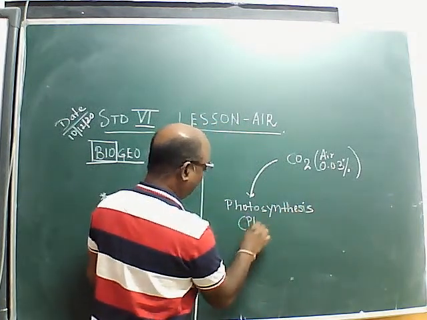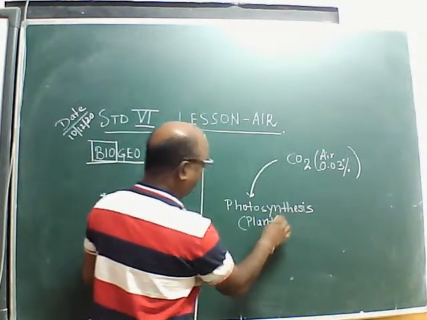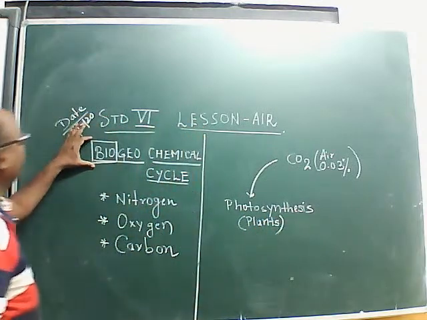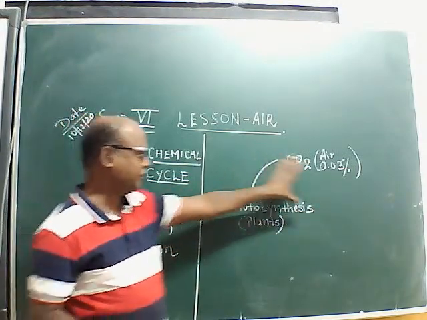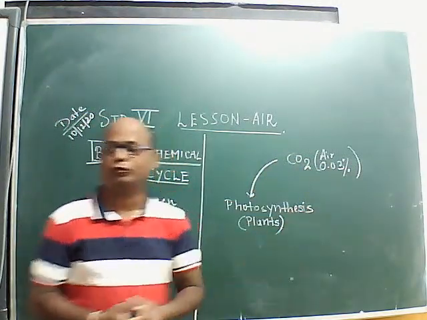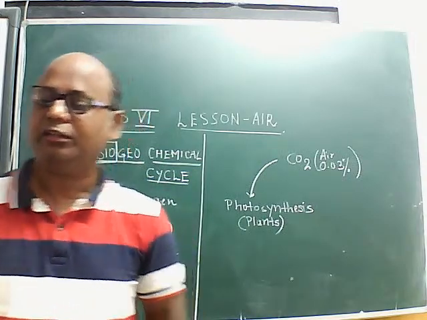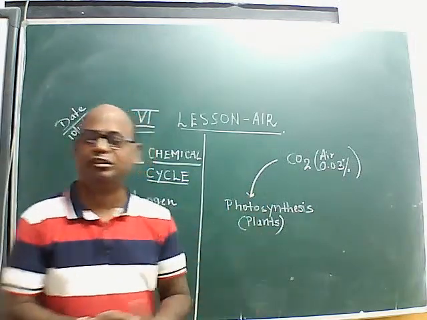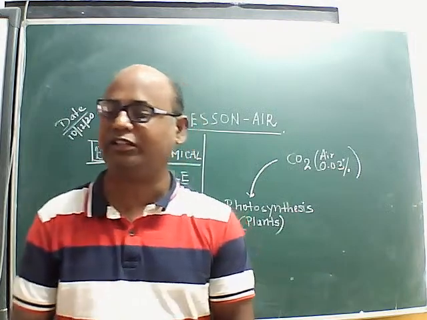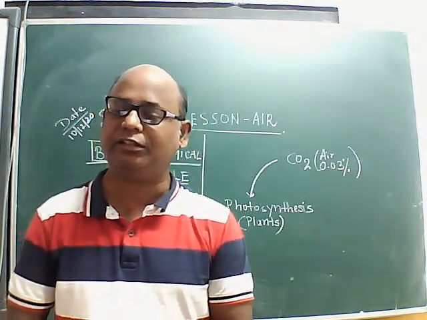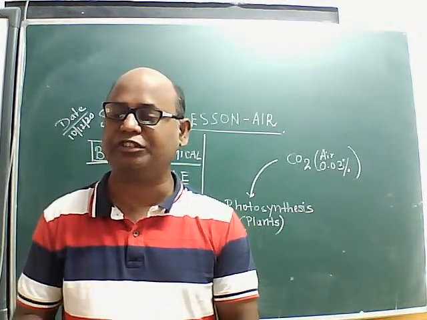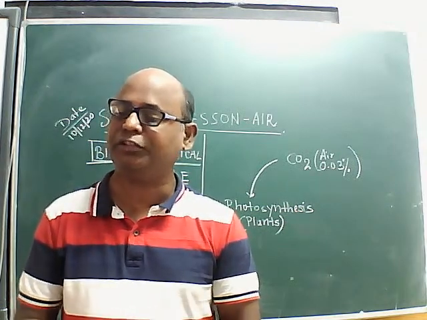So it is going into the biological world, that is plants. Plants use carbon dioxide for photosynthesis. This carbon dioxide enters the leaves through stomata. Stomata are present on the underside of the leaves. Water is absorbed by the roots. It passes into the stem, from the stem to the branches and then to the leaves.